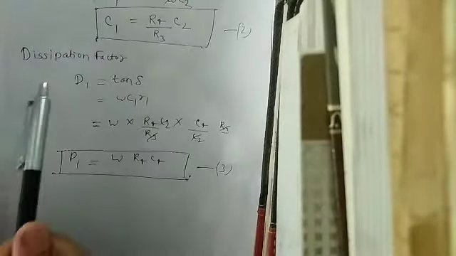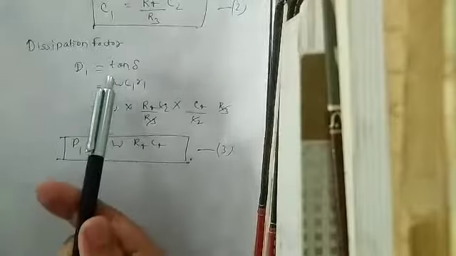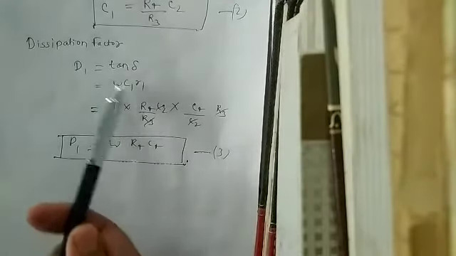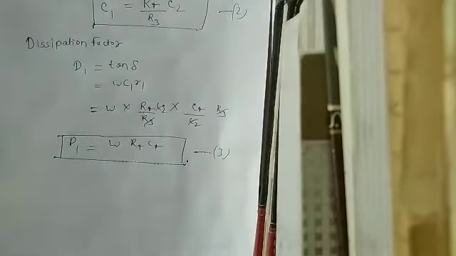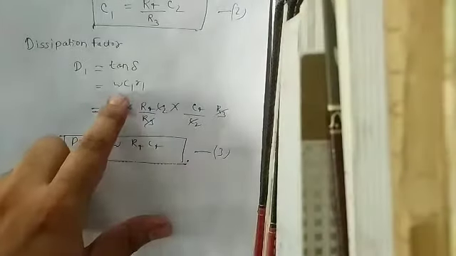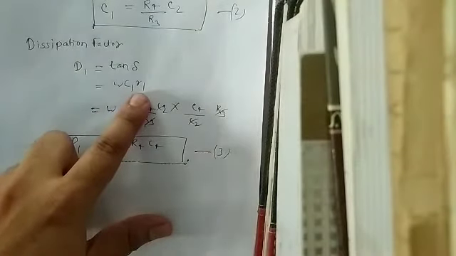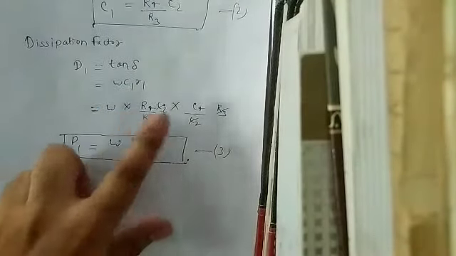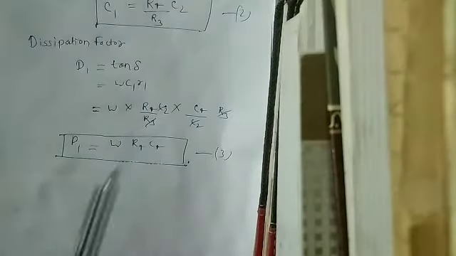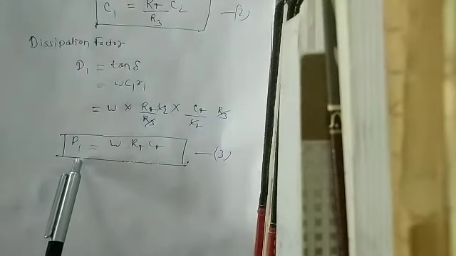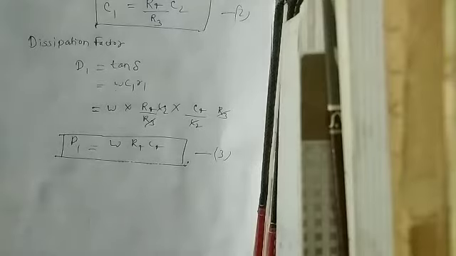Here in this diagram we can find out the value of dissipation factor. Here del is equal to omega C1 into R1. In this equation we put the value of C1 and R1 and we can find the dissipation factor, which is equal to D1 is equal to omega R4 into C4.